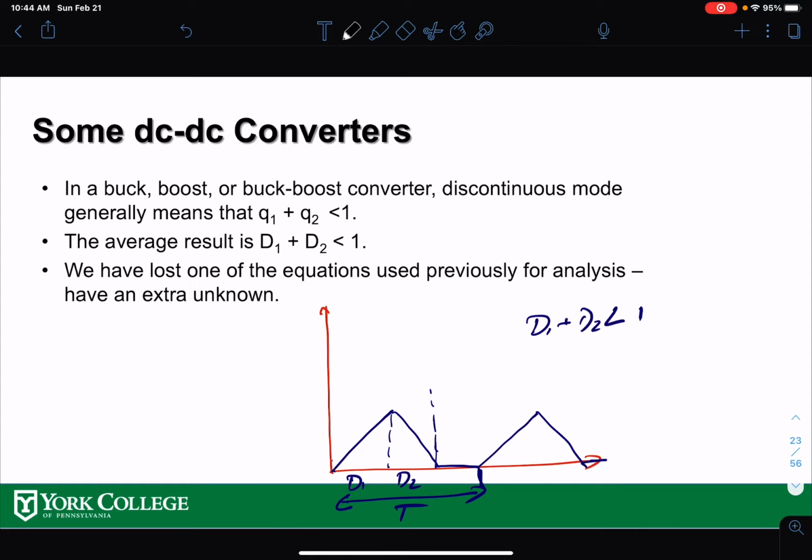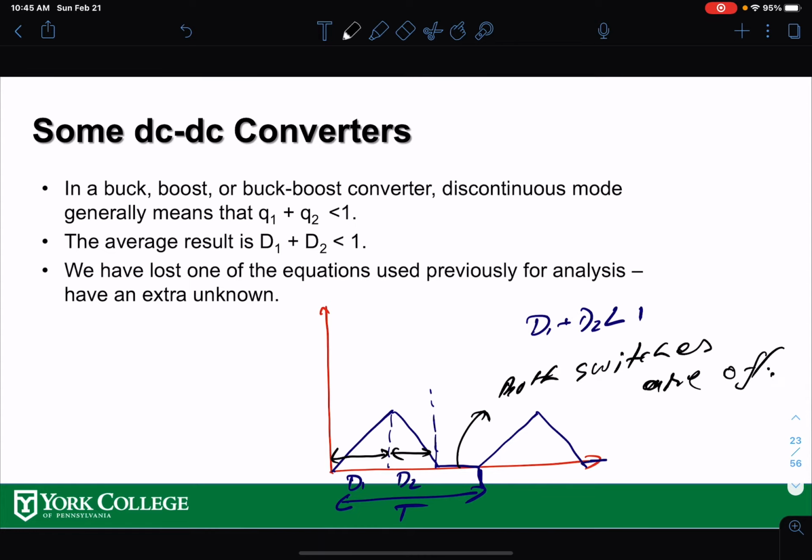In DCM, in this part, switch 1 is on. In this part here, switch 2 is on, but in this part over here, both switches are off. So that means D1 plus D2 is not equal to 1 anymore. That's one of the conditions you have to be careful about in DCM.